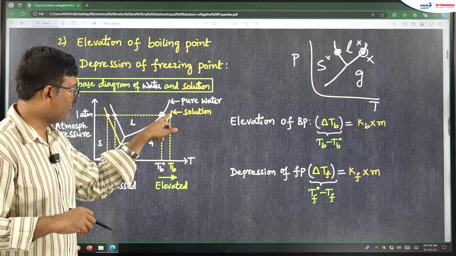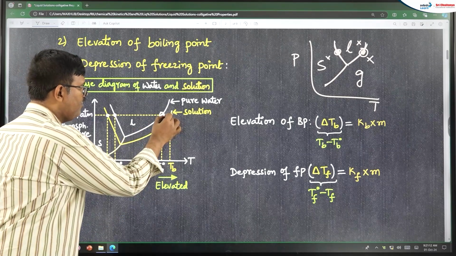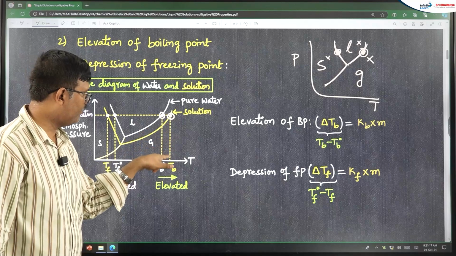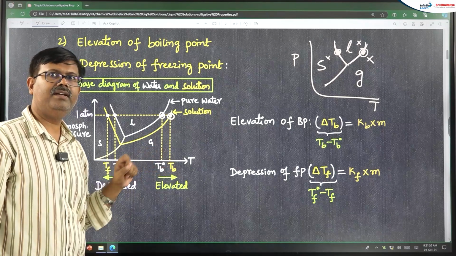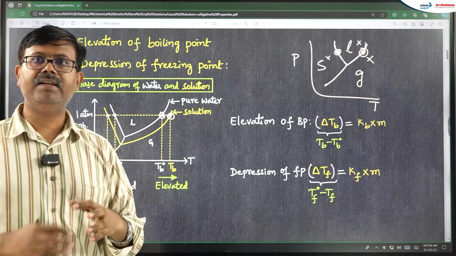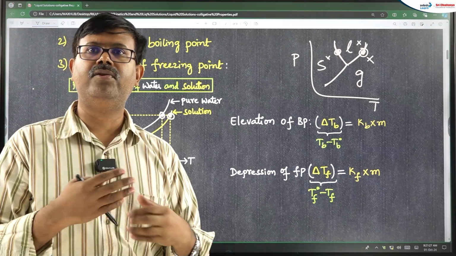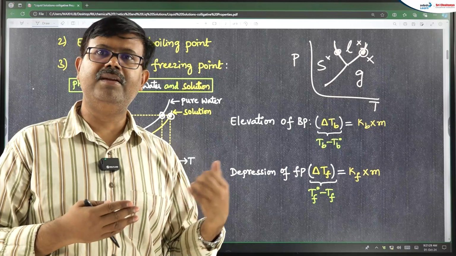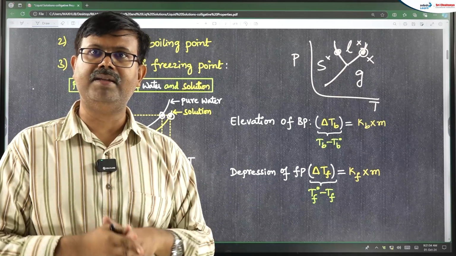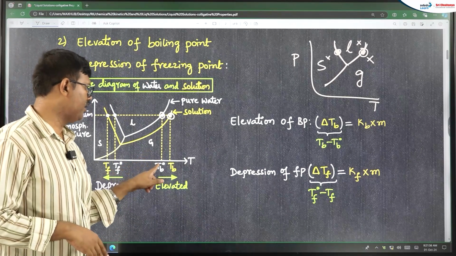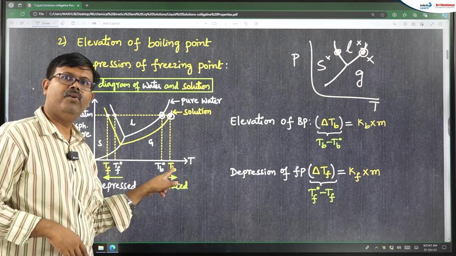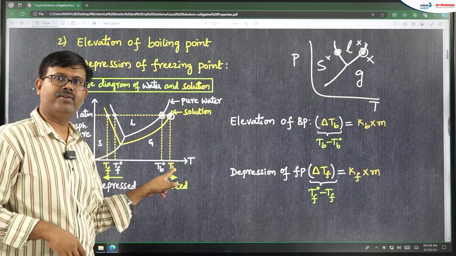Here you see the boiling point, the new point here. What is the temperature here? TB. Now TB is the boiling point of the water in the case of solution after solute is added, whereas TB naught is the boiling point of pure water when there is no solute. So this is the original boiling point of pure water, and this is the boiling point of the water in the case of solution after solute added.